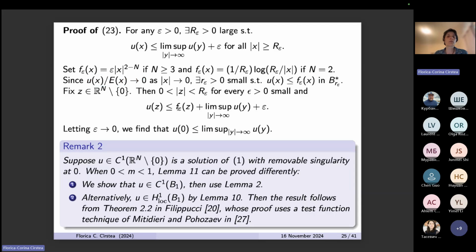And then all we need to do is fix z in Rn minus 0, and we know already that if you are close to 0, u is dominated by phi epsilon. If you are with z large, u is dominated by the limit superior of u plus epsilon.